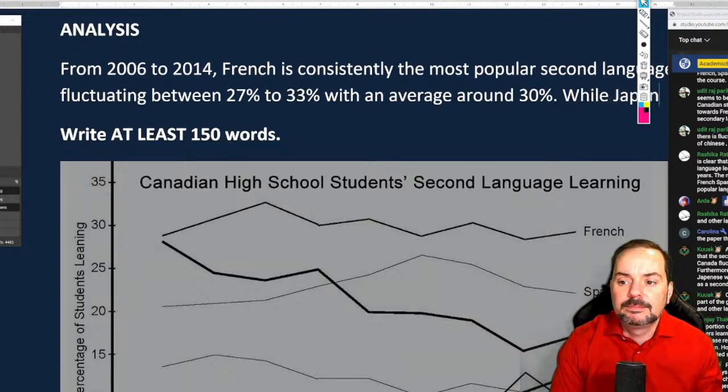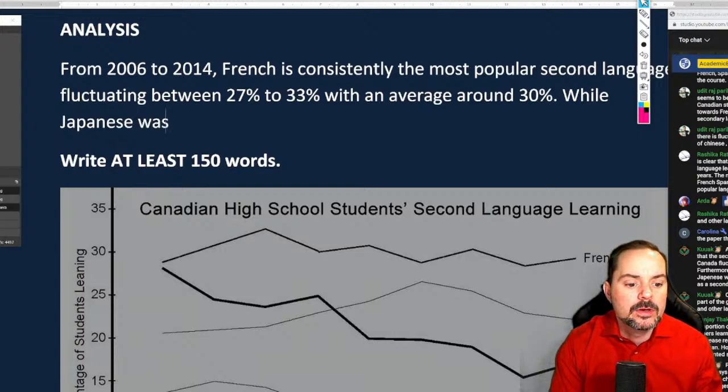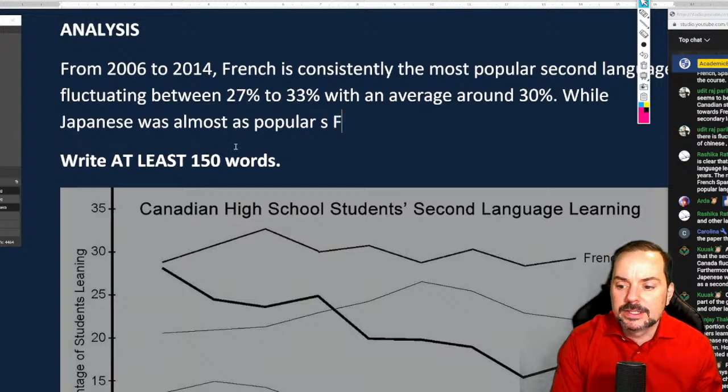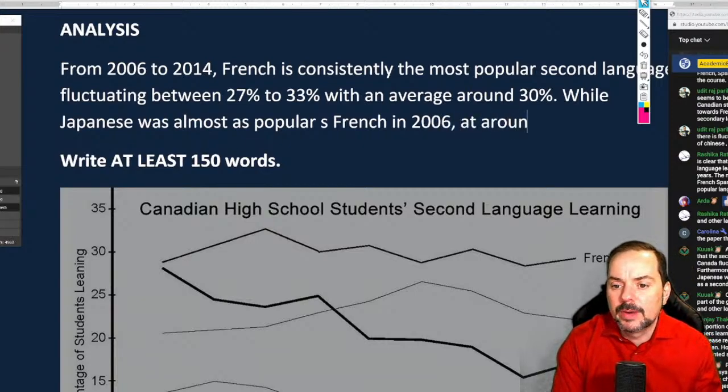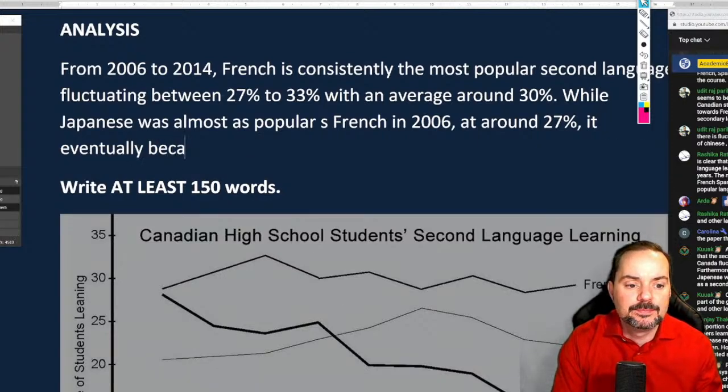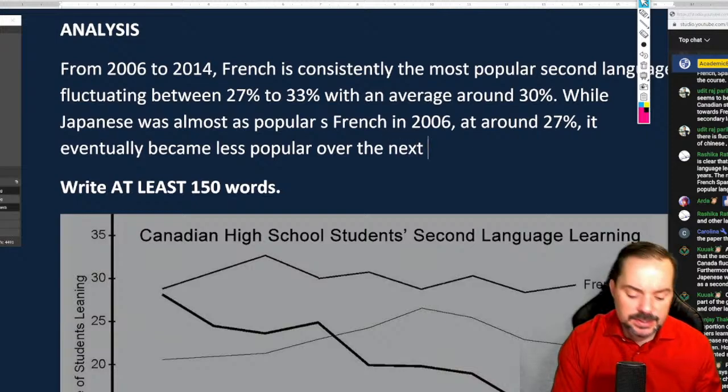While Japanese was almost as popular as French in 2006, at around 27%, it eventually became less popular over the next 8 years.